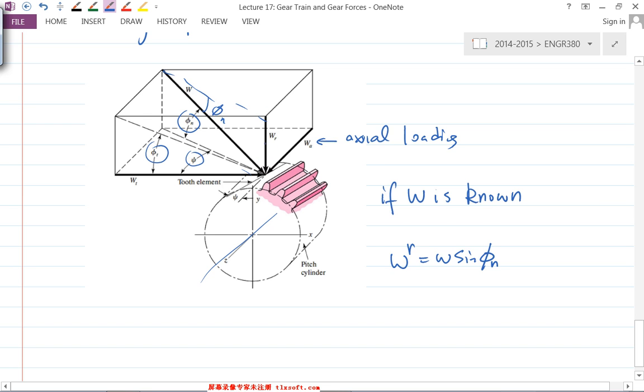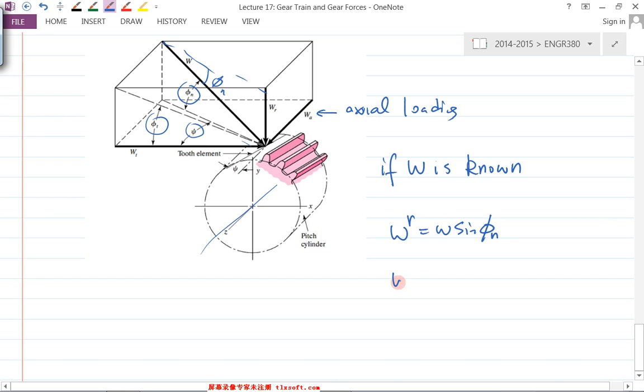And WT equals W times cosine phi n and cosine psi. And WA is W times cosine phi n times sine psi. This is very much like spherical coordinates, if you recall that. You decompose it using spherical coordinates.